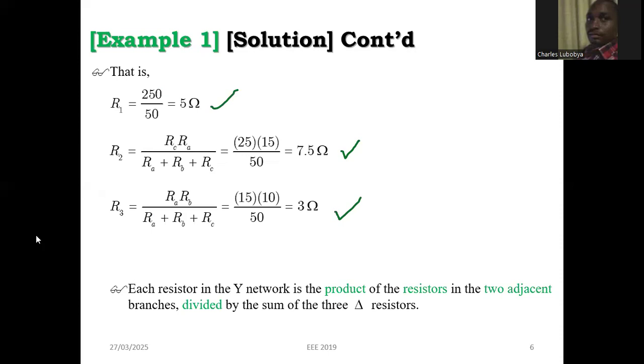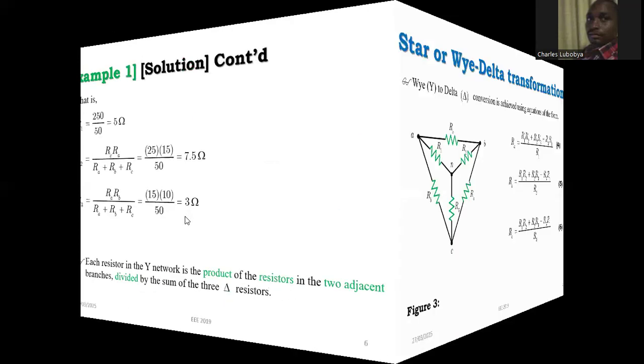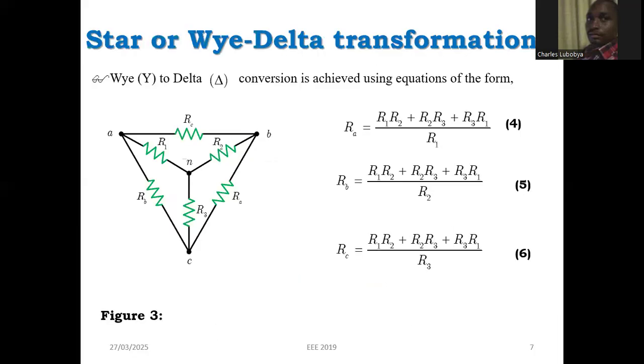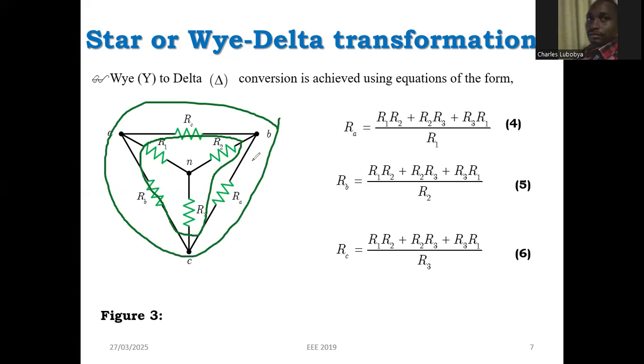Next, I want us to discuss the conversion from star to delta. Suppose now you are given the values of R1, R2, and R3, which is a star circuit shown in the inner circuit here, and you want to convert this star circuit to the delta circuit, which is shown on the outer part of that circuit, to calculate RA, RB, and RC.